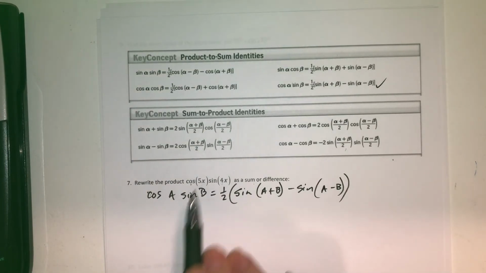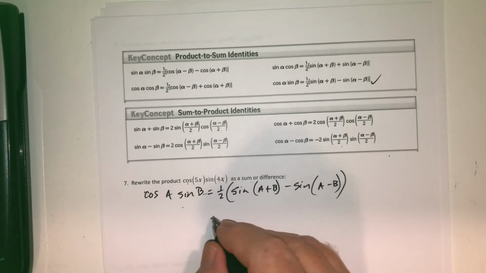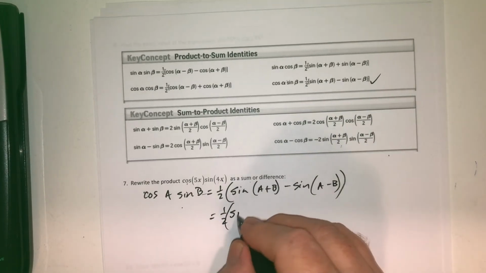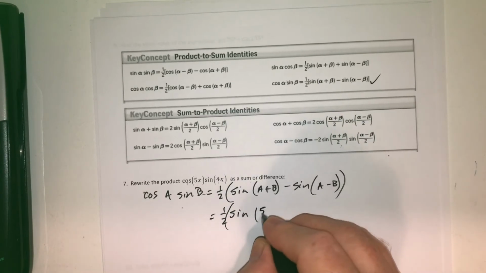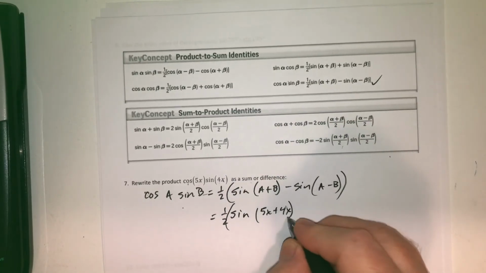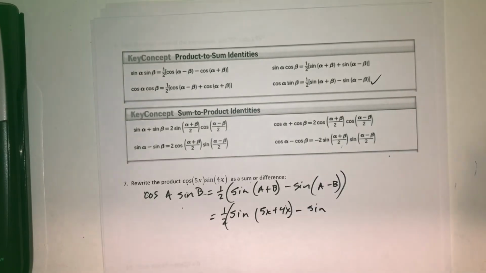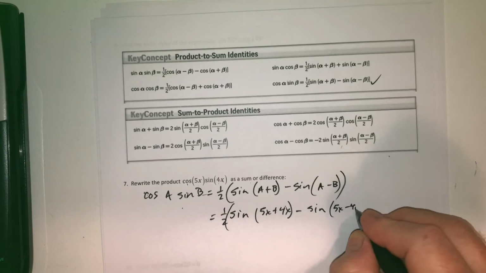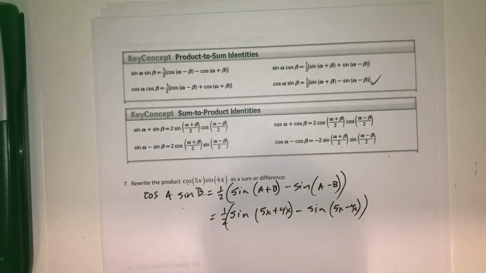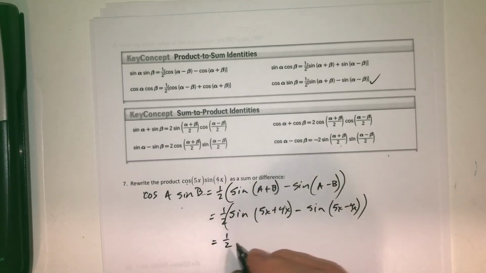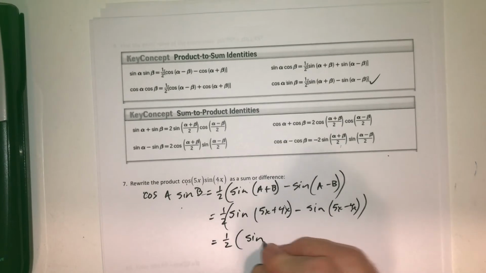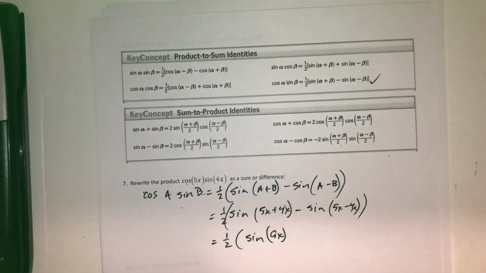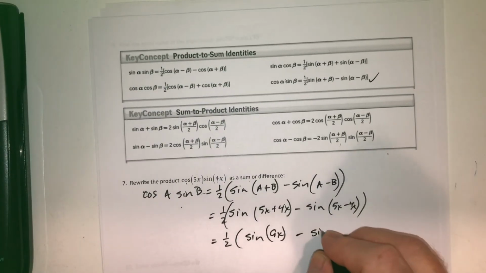Alpha is 5x, beta is 4x, so this would be equal to 1/2 times the sine of 5x plus 4x minus the sine of 5x minus 4x. So that would be equal to 1/2 times the sine of 9x minus the sine of x.